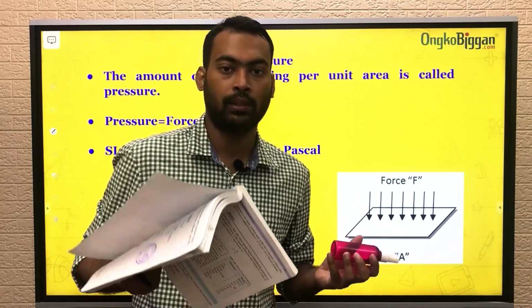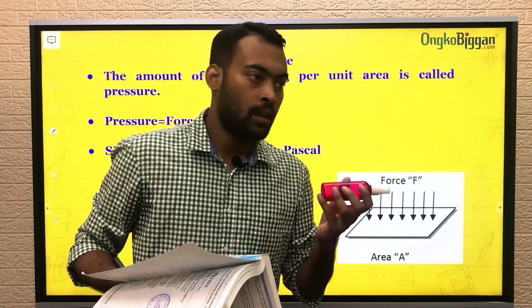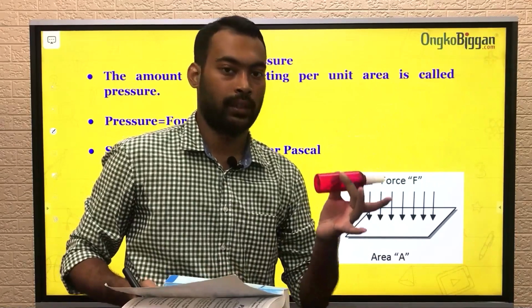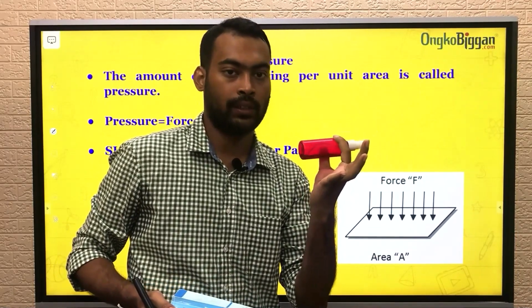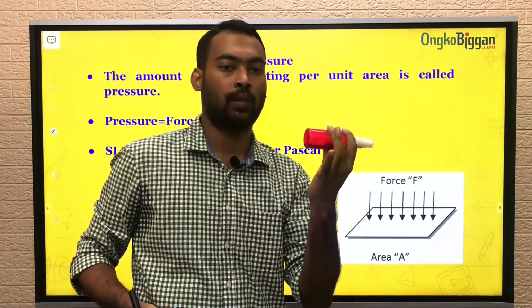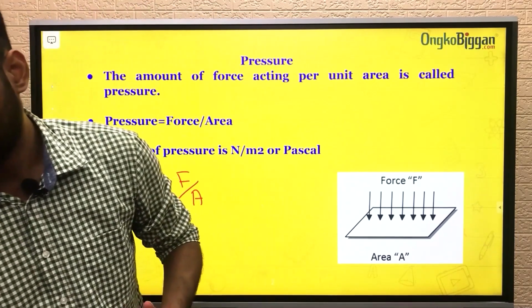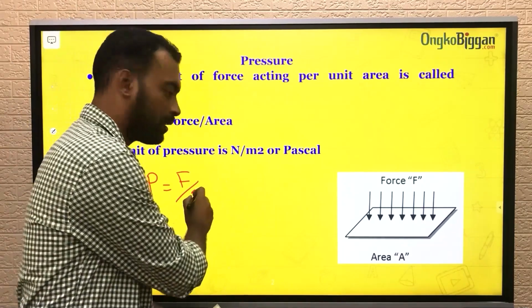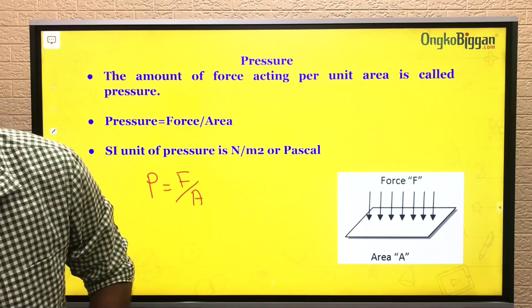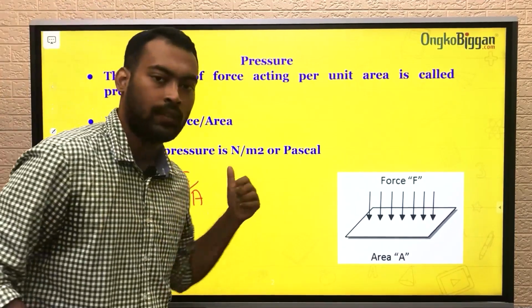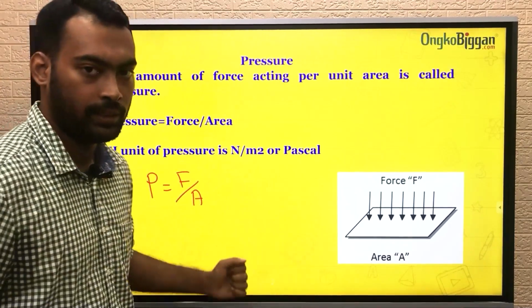Which one has larger pressure, which one has less? It depends on the surface area. This has less surface area, which means the pressure will be more on this object than the book. The less the surface area is, the more the pressure is, or the more the surface area is, the less the pressure is.